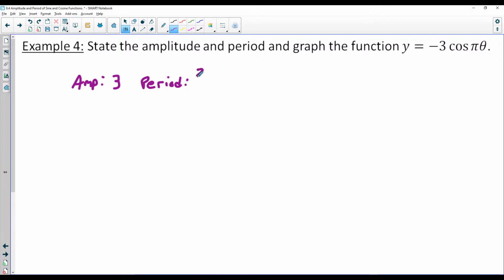Our period is 2 pi over k, which is 2 pi, and then k is pi, so really, the pi's cancel, and our period is 2.